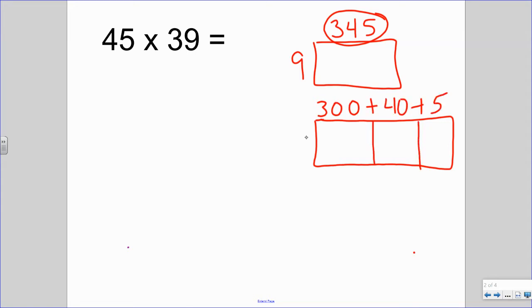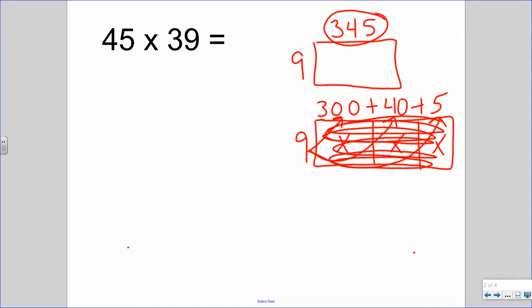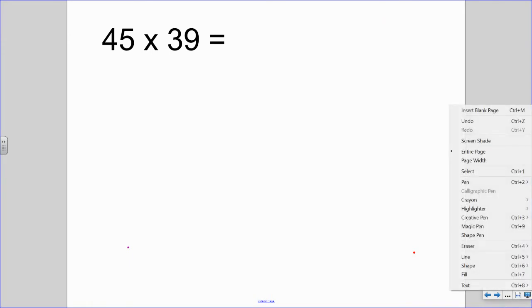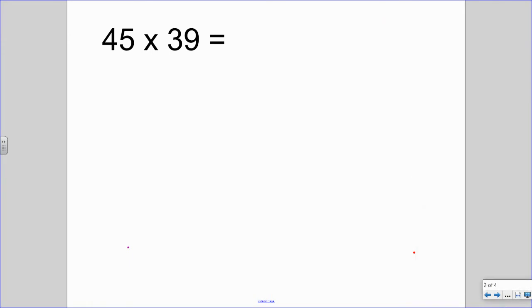And I do now know how to multiply 9 times 300, 9 times 40, and 9 times 5. And when we put those answers inside these boxes, then our area, the space inside the rectangle, becomes our answer. And so we're going to use that same idea. It's just going to be a much bigger problem because we have more digits.